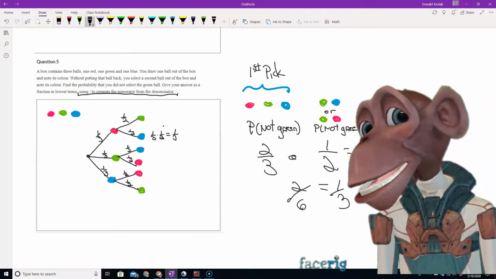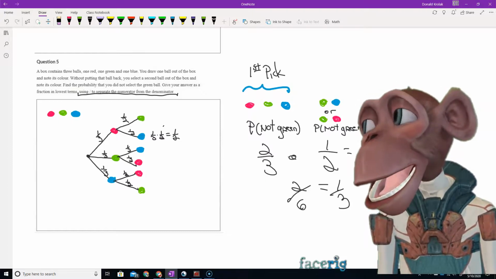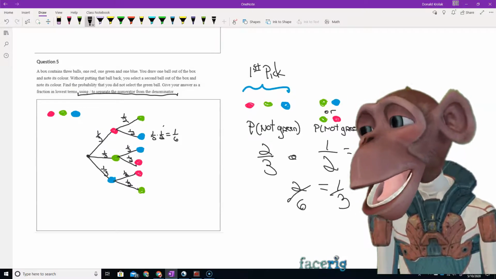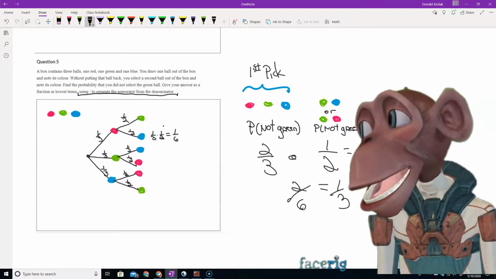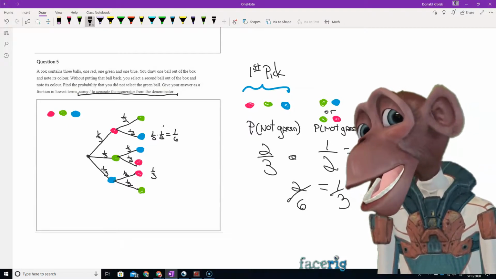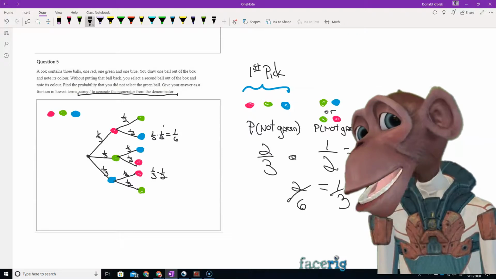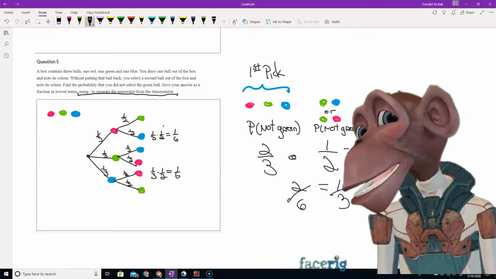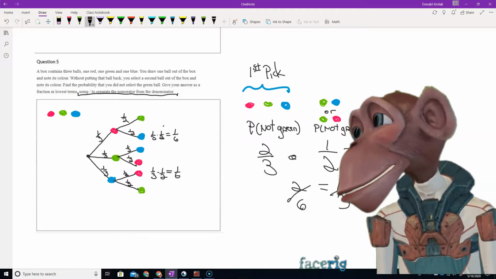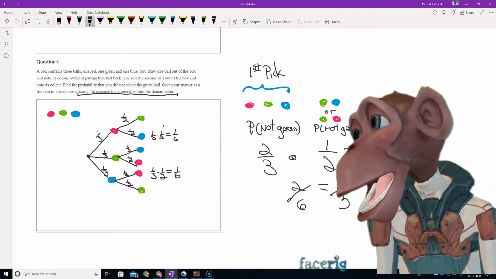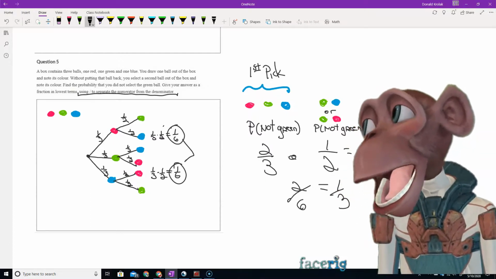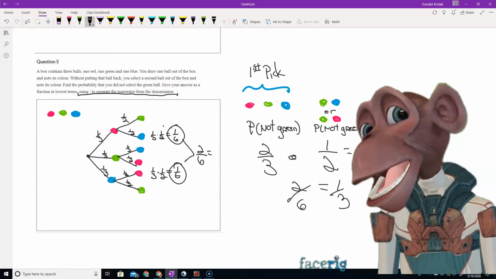The other one that doesn't have green in it would be picking blue and then picking a red. So that would be 1/3 again times 1/2, and that is 1/6. So when I'm moving along my chart, I multiply the probabilities along the different branches. Then add those two, I get 2/6, which reduces to 1/3.